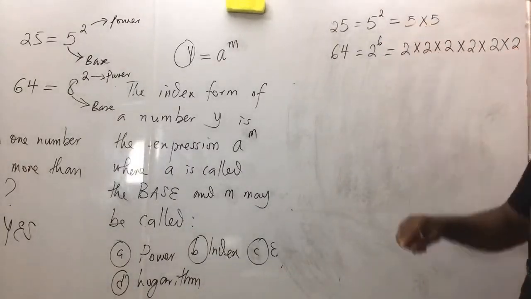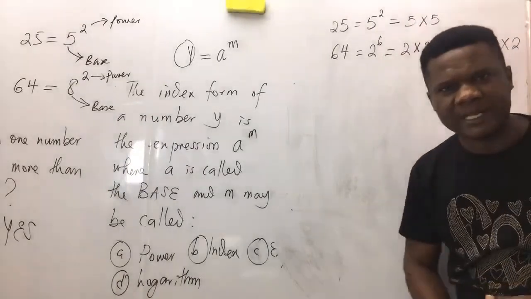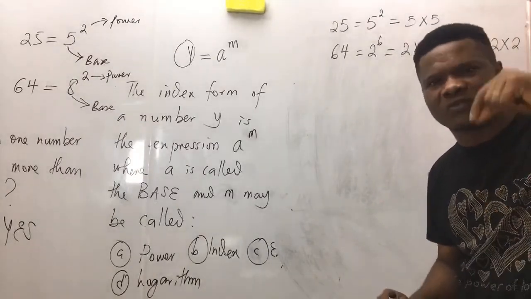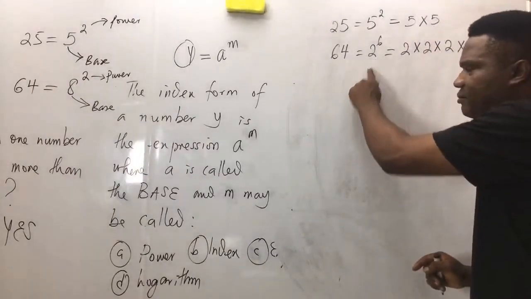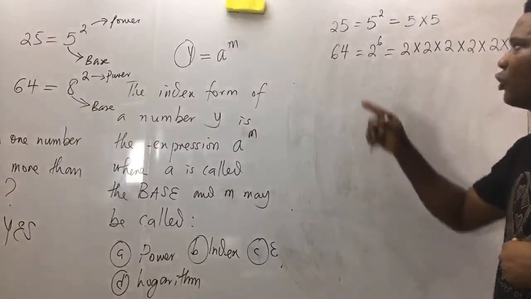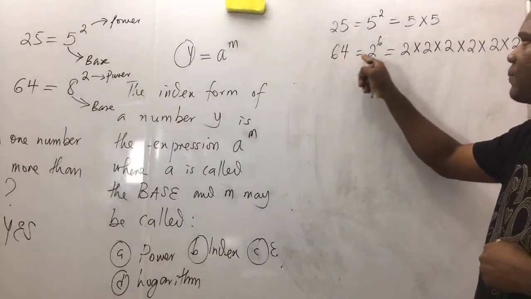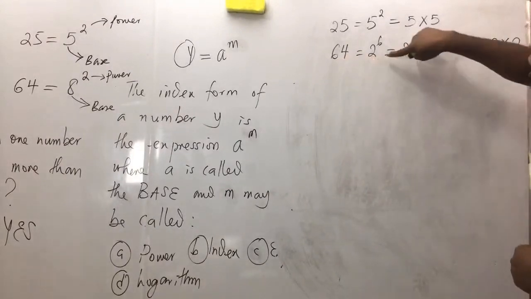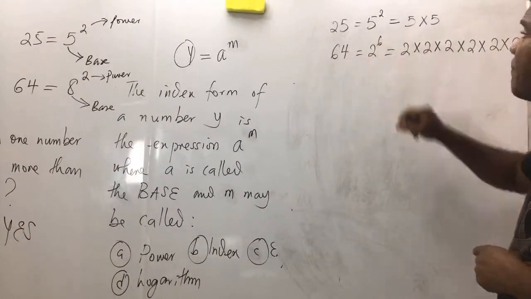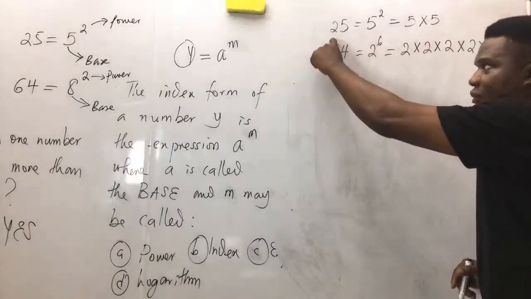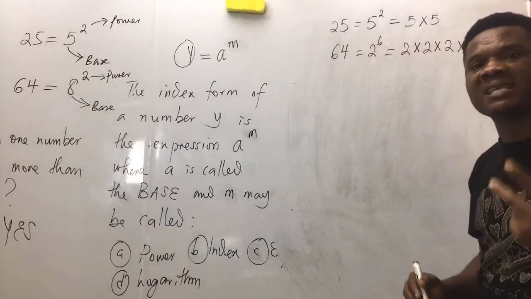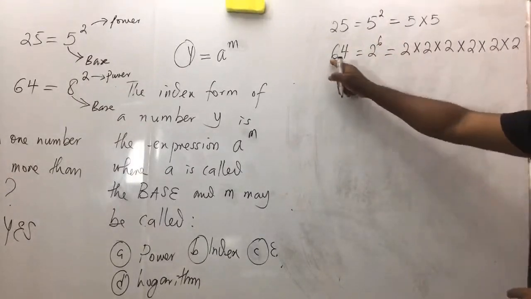The power, the index, the exponent, also known as the logarithm, defines the number of times the base in an index form must multiply itself to give the number expressed in index form. So if 2 raised to the power 6 is the index form of 64, it simply means that to get 64, 2, the base, must multiply itself 6 times to produce 64.